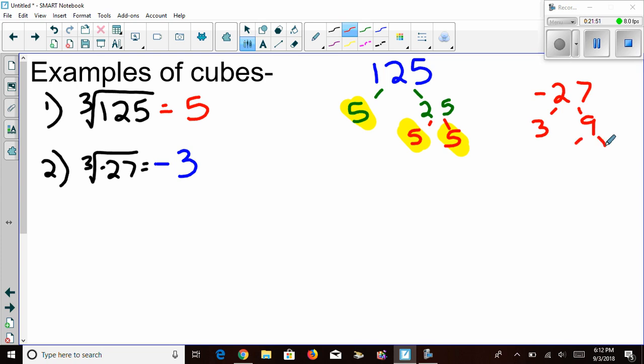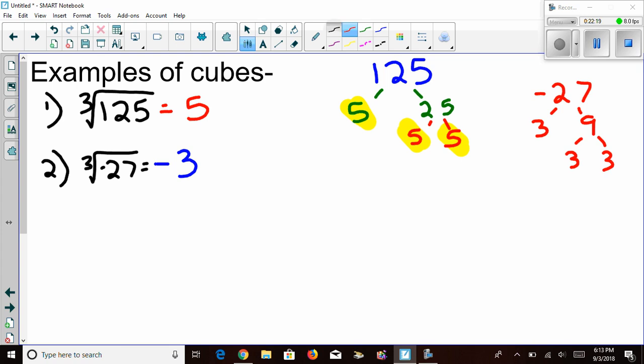Nine is 3 times 3. Since it's negative on the inside, I'm going to pick a negative 3. Even though I didn't have any negatives written over in my tree, when there's a negative on the inside, my answer is negative.